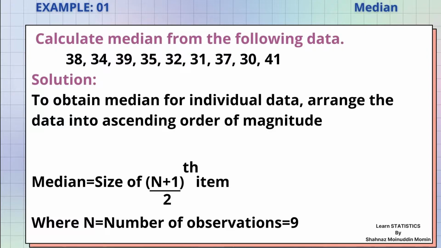Solution. To obtain median for individual data, first we have to arrange the data into ascending or descending order of magnitude. But generally we arrange the data in ascending order of magnitude. Let us arrange the data in ascending order of magnitude. The smallest number in the given data is 30. So the first number is 30.